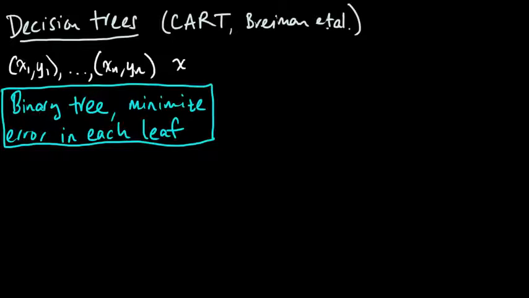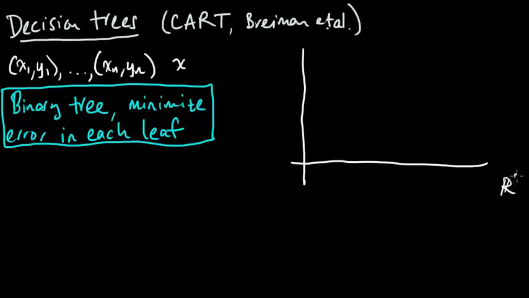through an example. So let's say these x's are in R2, something nice and simple that we can draw. So we've got our nice R2 here, and let's draw some points. Let's say maybe we've got some red ones here, maybe some ones down here, and maybe some ones here, something like that.